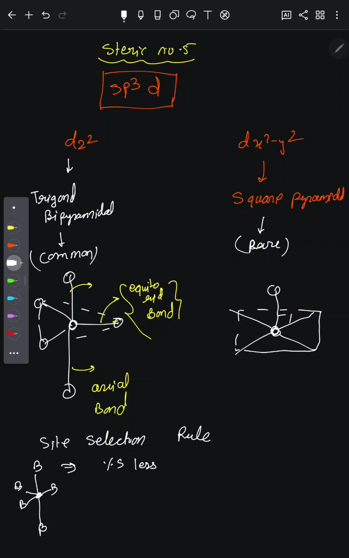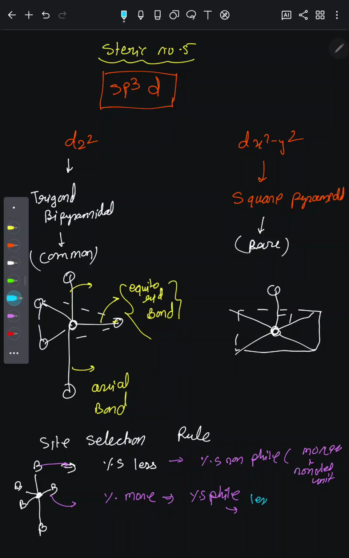These are the example structures, and here percent s is less, and in this position percent s is more. So more electronegative groups or monovalent groups prefer the position with less percent s character, and the position with more percent s character is taken by less electronegative groups, triple bonds, lone pairs, double bonds, or electropositive elements.